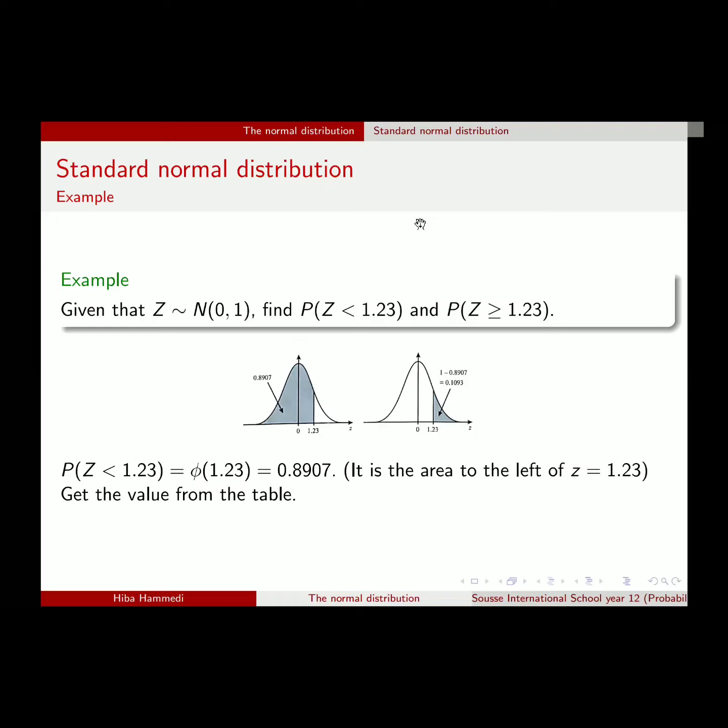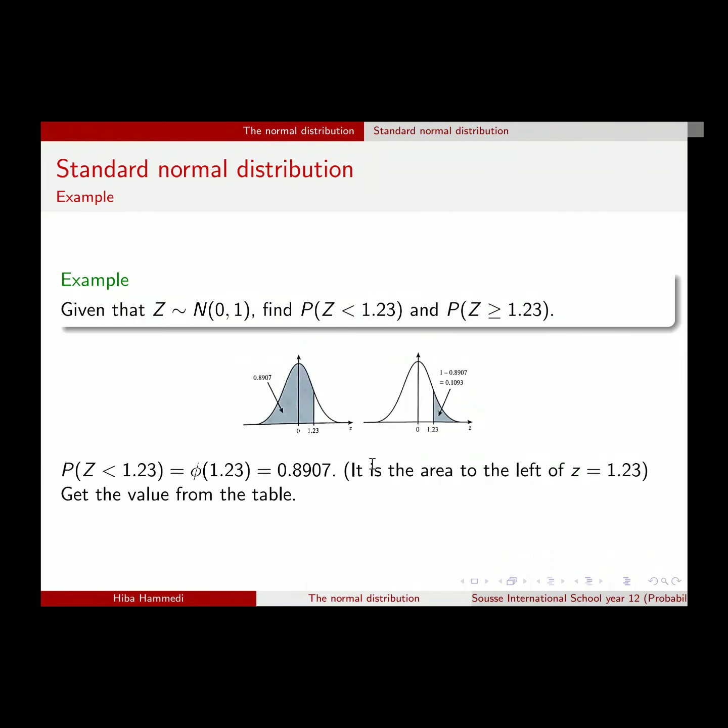Now, if I would like to get the probability of Z more than 1.23, as you can see here, it's just the complementary part. So this part is exactly this part. Since I know the probability of this part, and I know that the probability under the whole graph is equal to 1, I just need to subtract this area from 1.